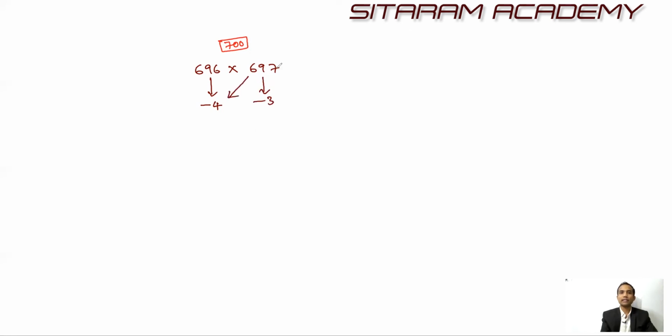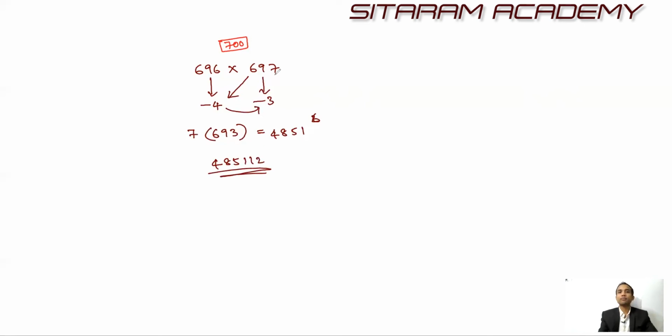And 697 minus 4 will become 693. And this number should be multiplied with 7. How much this will be? 21. 7 9s are 63 plus 2, 65. 7 6s are 42 plus 6, 48, right? So you got 4851 and 4 3s are 12.